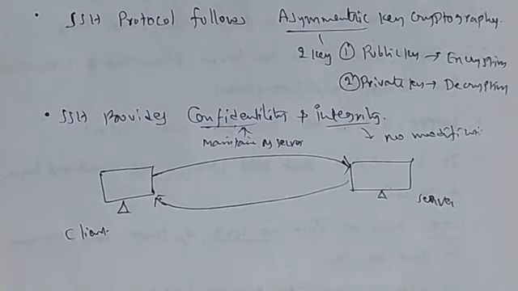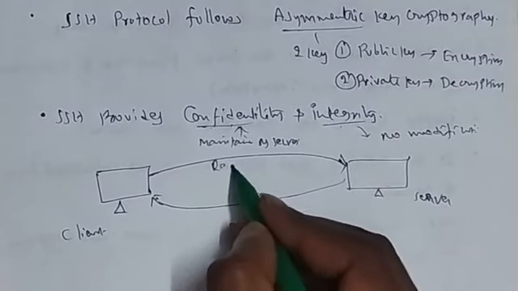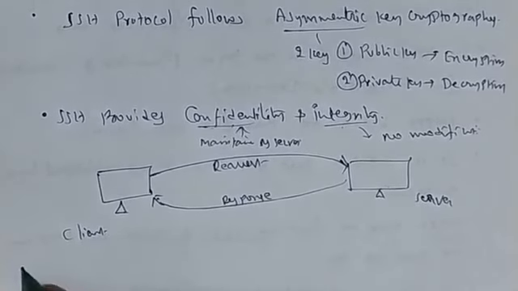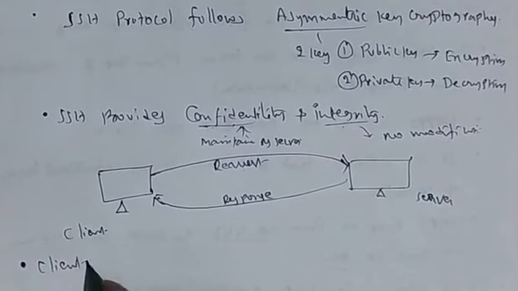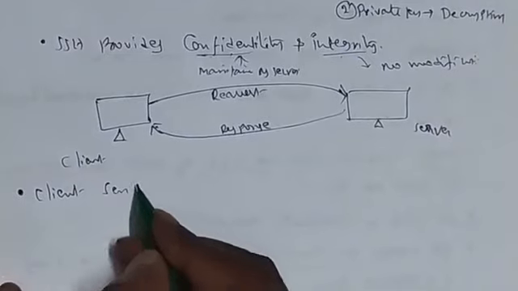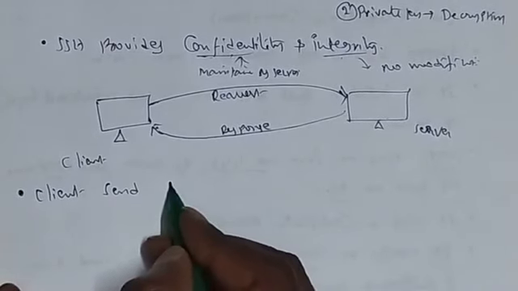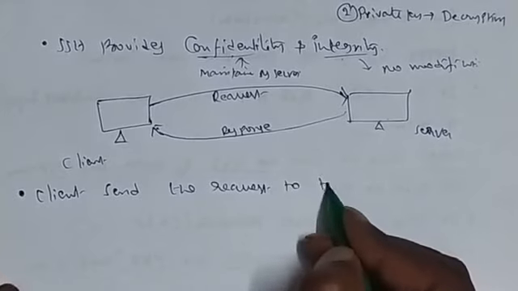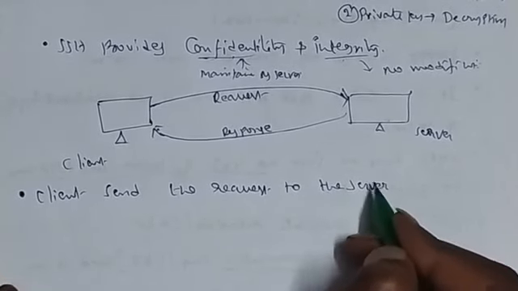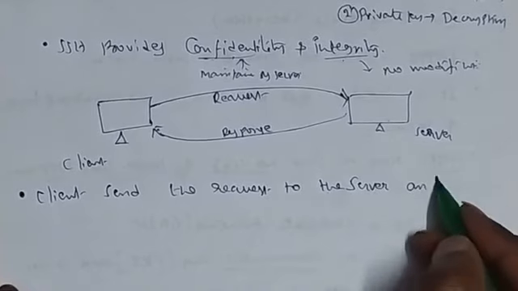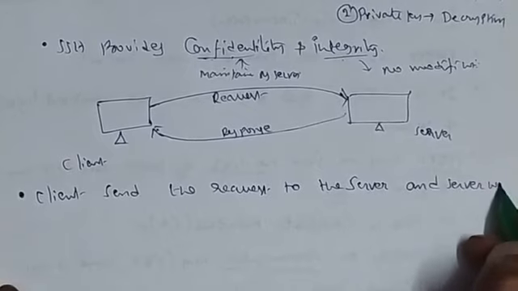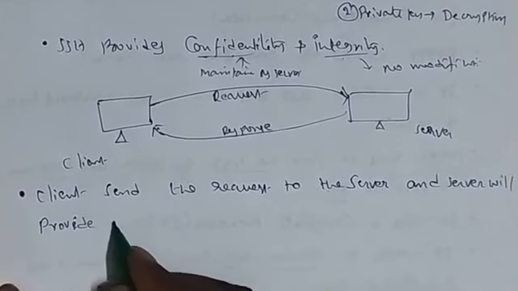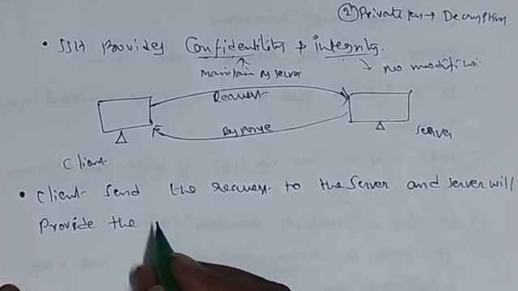The client sends the request to the server, and the server gives the response. Here the client sends the request to the server and the server will give the response. The server will provide authentication of the client with the public key.